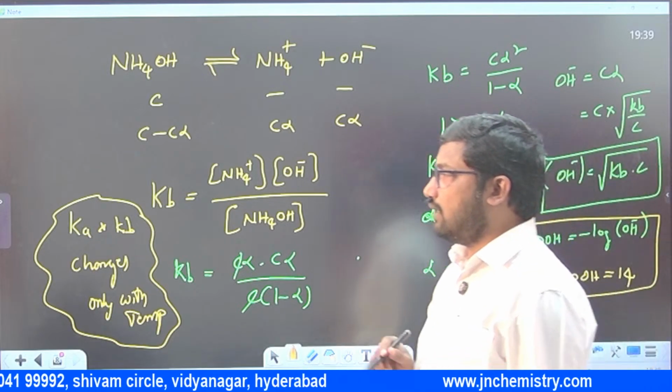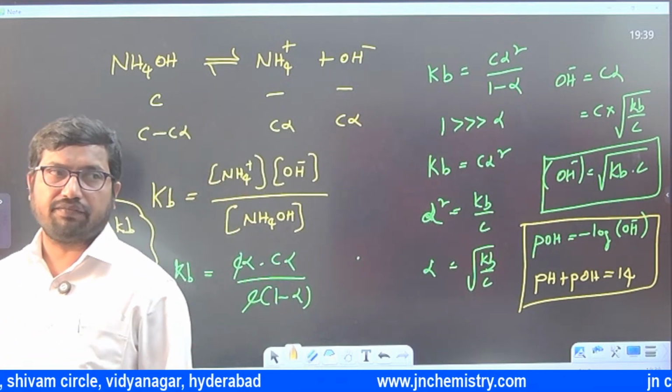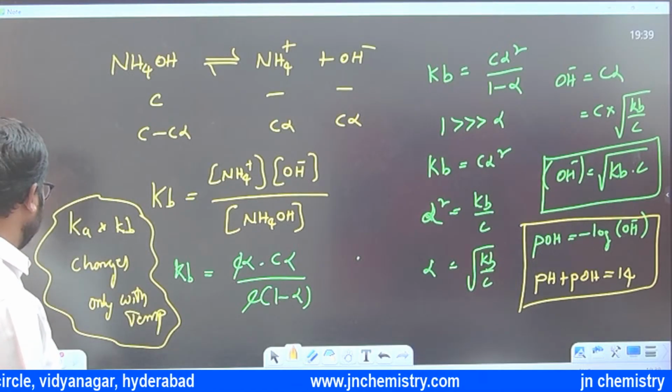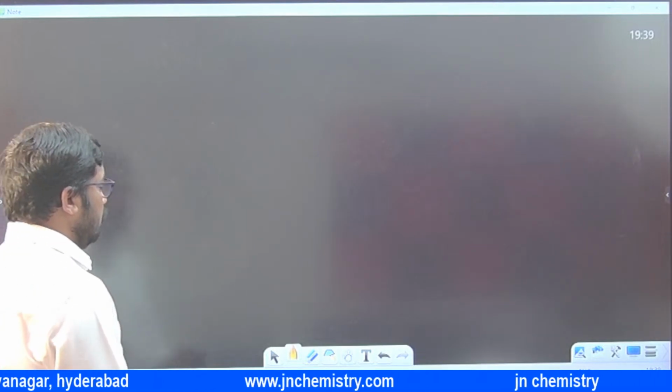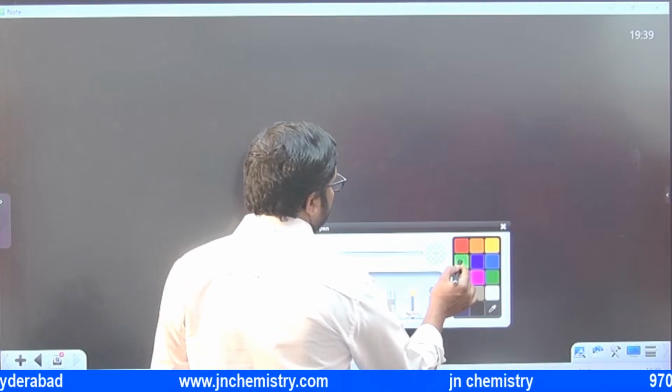Next, factors affecting alpha. What is alpha?